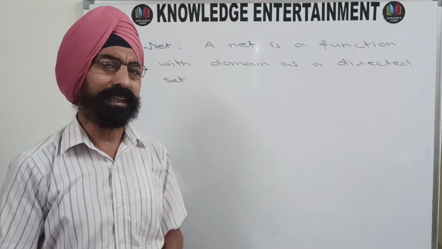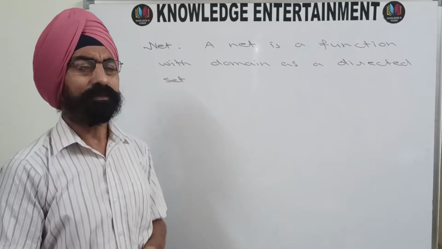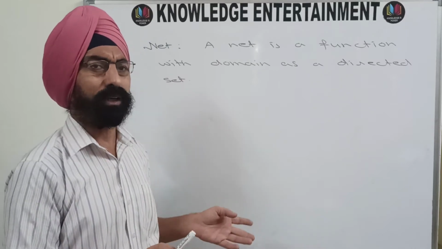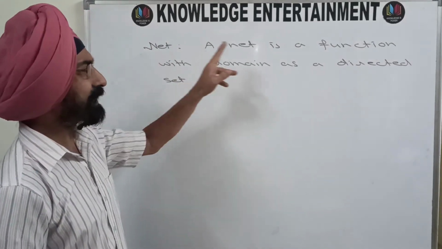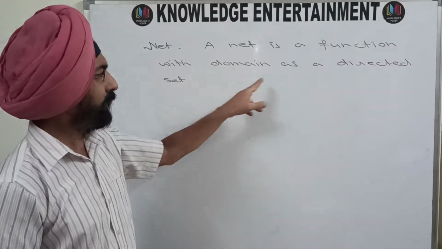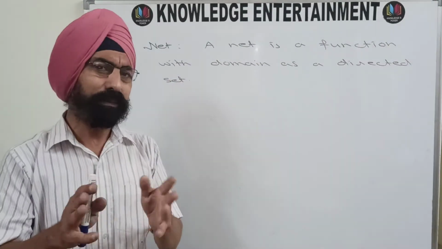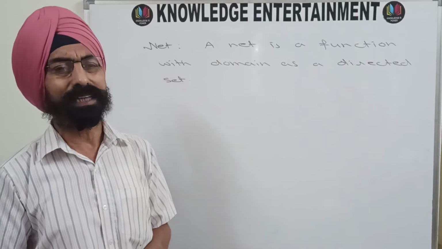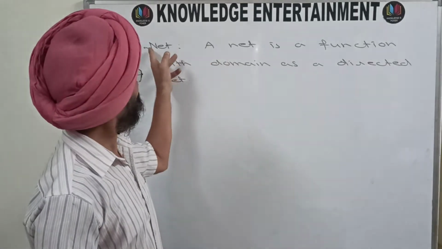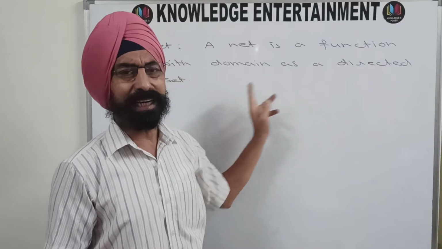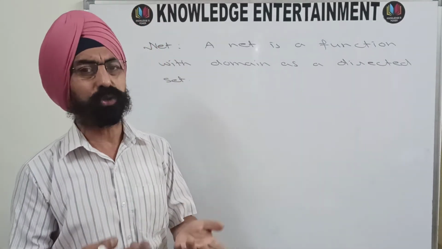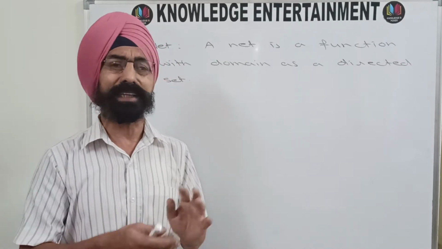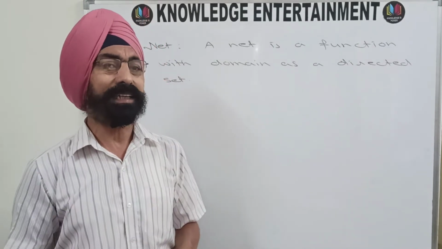When I was defining sequence, I was saying that a sequence is a function with domain as the set of natural numbers, and now a net is also a function with domain as a directed set. That means sequences are a particular case of nets, because here we are using domain as a directed set, and the set of natural numbers is also a directed set. So every sequence is also a net, but every net need not be a sequence.